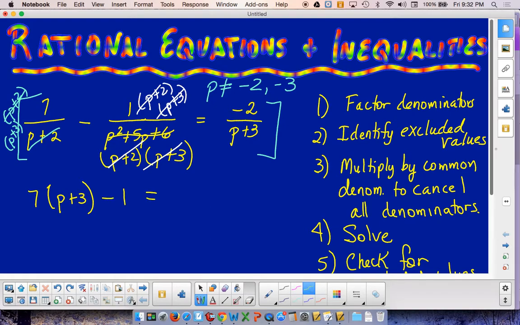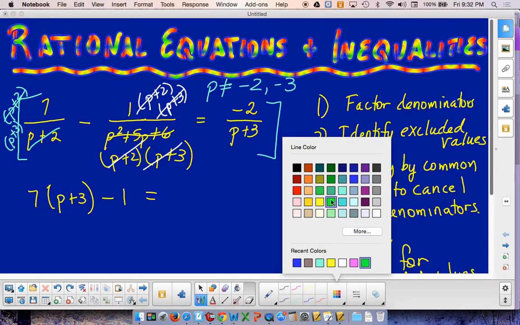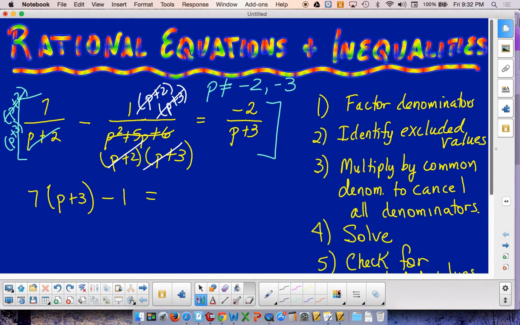And finally, when I take it times the third fraction, I'm trying to find a different color here that will work. See if I can get it to go green. If I multiply this one by p plus 2 and p plus 3, what's going to cancel? The p plus 3s are going to cancel, and I'm going to be left then with negative 2 and p plus 2.